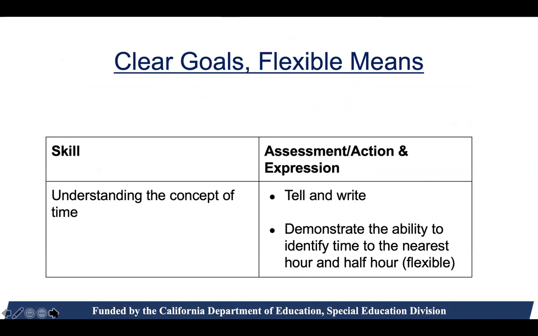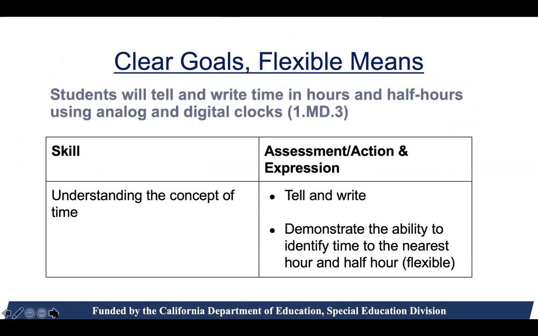So let's look at an example. This is a first grade math standard. Students will tell and write time in hours and half hours using analog and digital clocks. We have to be really clear on what we're teaching based on the lesson objective and what we want to assess.